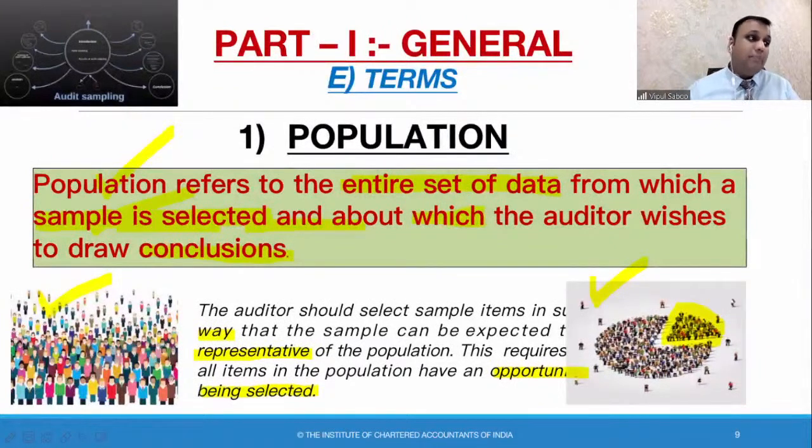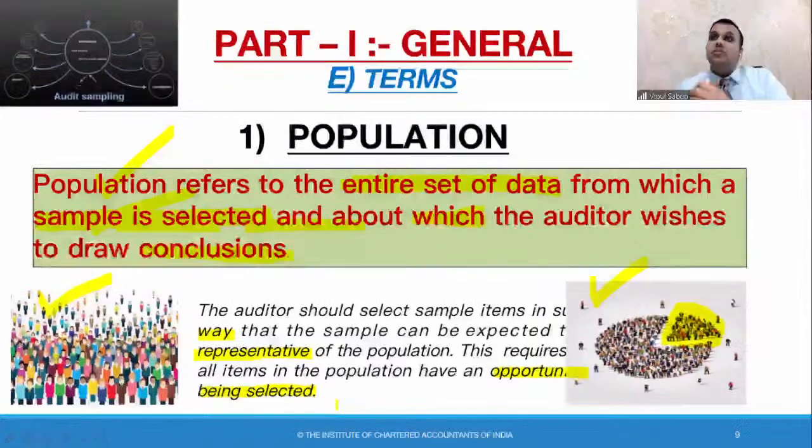So the samples should be selected in such a manner that they represent the whole population. And every unit, all items in the population, have an opportunity of being selected. Take the example of sundry payables. You are scrutinizing the ledgers of your client. See, you cannot just select any 3 or 4 creditors and base an opinion about the creditors.